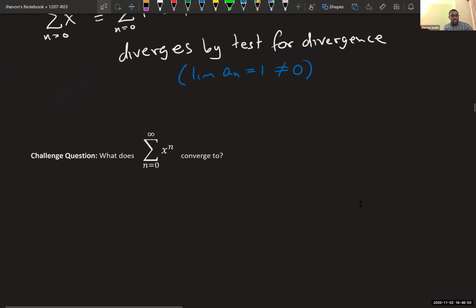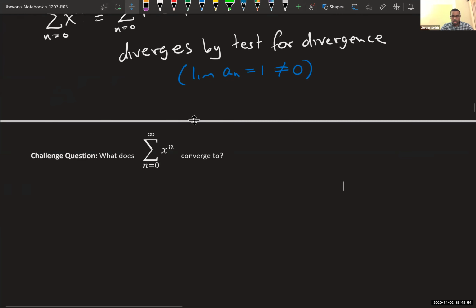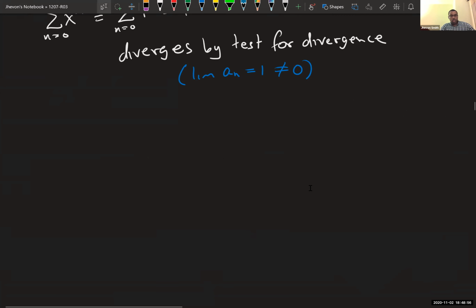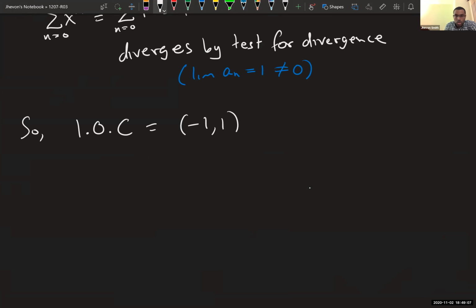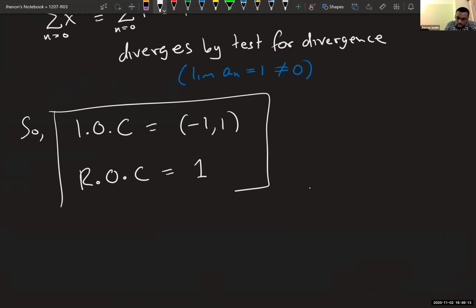I know this converges. Oh, I didn't actually put the answer. Let me write that down. So the interval of convergence here is -1 to 1, not including -1 or 1. And the radius of convergence is 1. So that's the final answer.